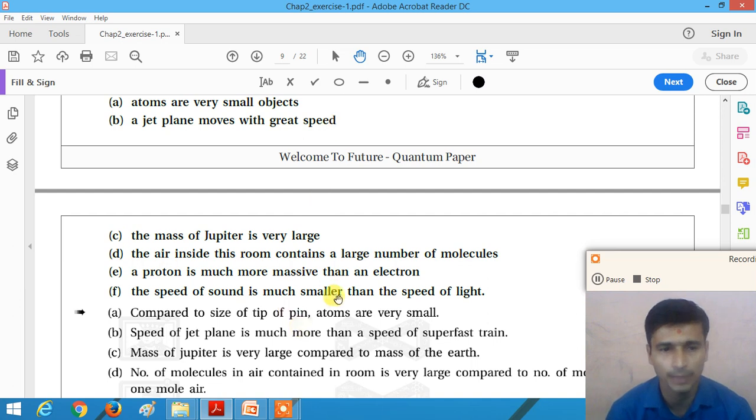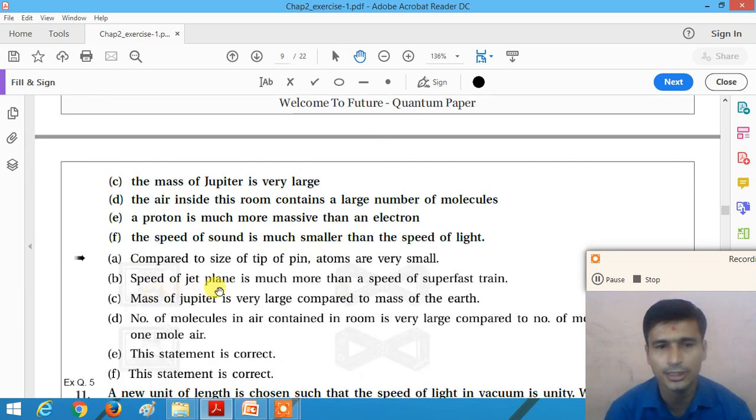So we modify this statement: the speed of the jet plane is much more than the speed of the super fast train. The speed of the jet plane is greater than the speed of the car, right?